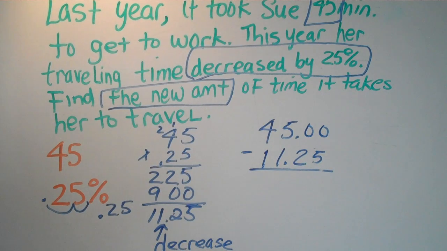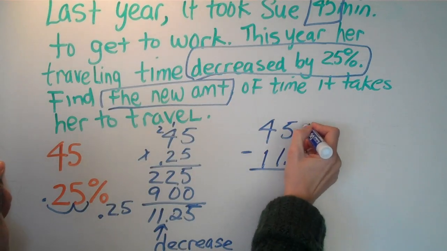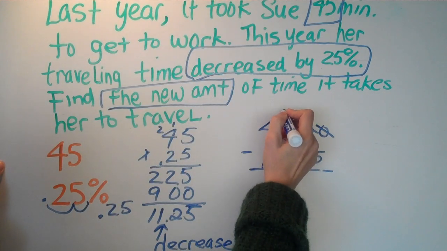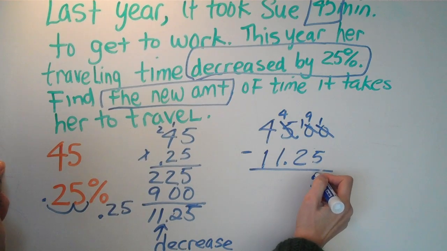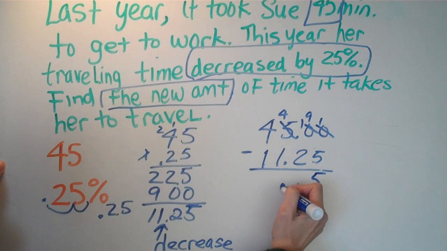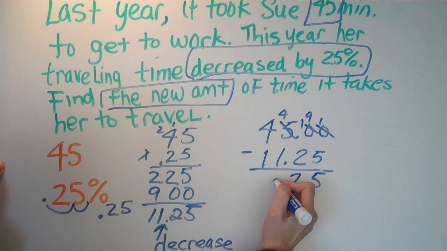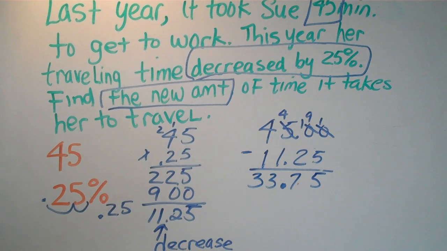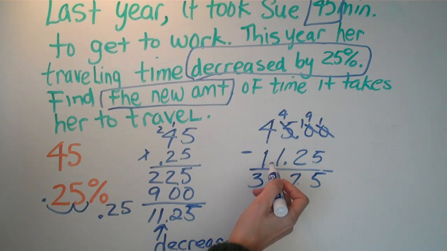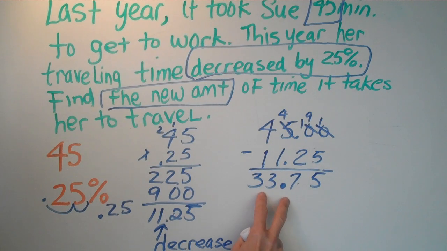And we're going to borrow where we have to borrow. This is a 4. This becomes a 9. And then we have a 5. And then, don't forget your decimal there. And this is a 7. And this is a 3. And then we have a 3. So when we subtract, we found the new amount of time that it takes her to travel.